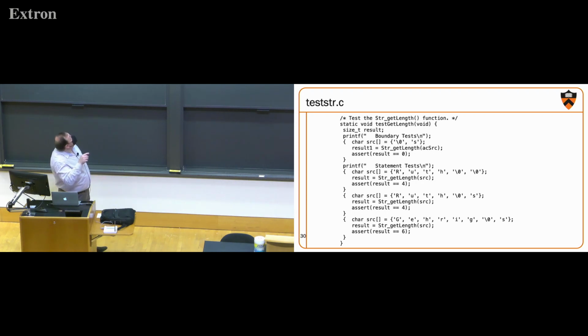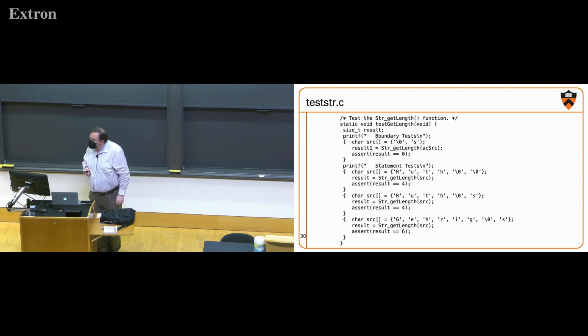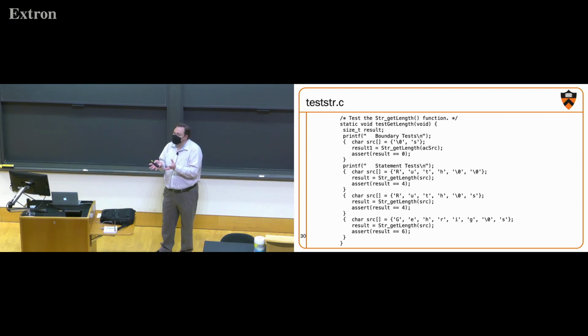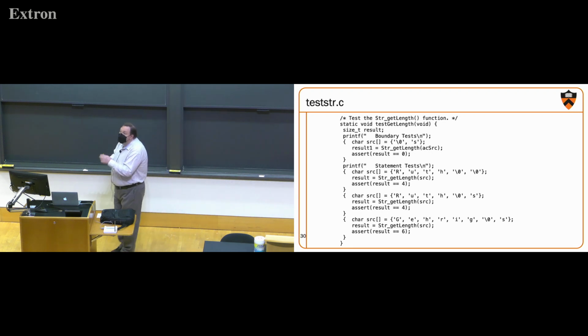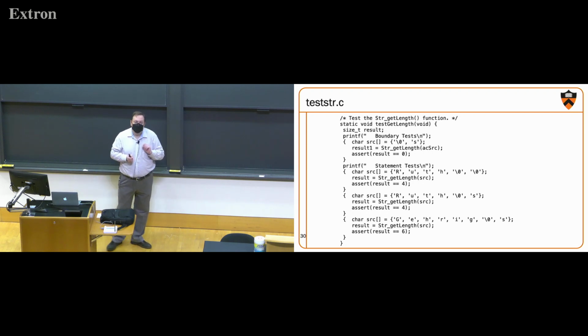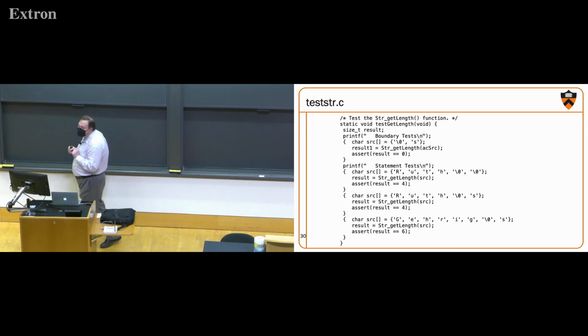So you can think of these temporary variables, the source variables, as being sort of the scaffold that you're creating. Then you call the module that you're working on, and then you test its return values. And this you might as well do with an assert.